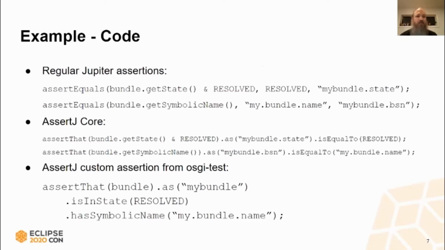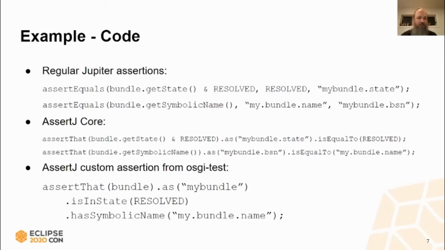So here's some example of what the code looks like in the various different forms. The regular Jupiter assertions or JUnit 4 assertions style, you can see in the first section there. The main difficulty I find there is that I can never remember which way around the actual and expected values go.